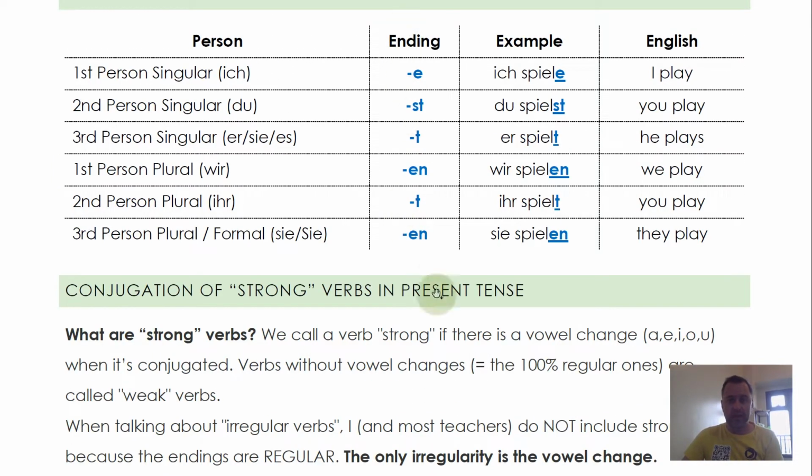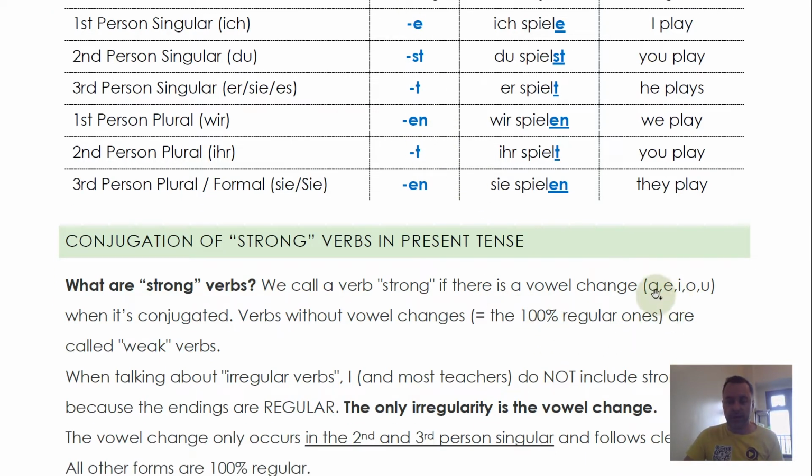That means the ending is exactly the way it is. There's no change whatsoever. We do not adjust the ending. That's always this ending. Even if there are strong verbs, so starke Verben, that will still be the same ending, but we have to adjust the vowel in the second syllable.